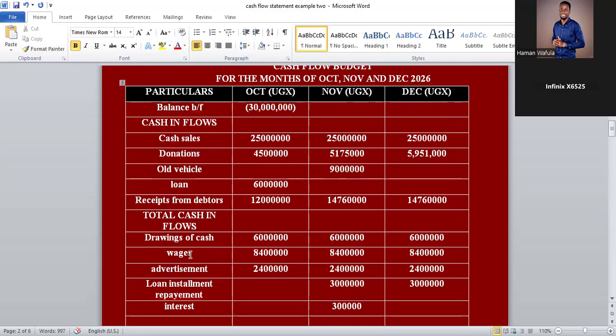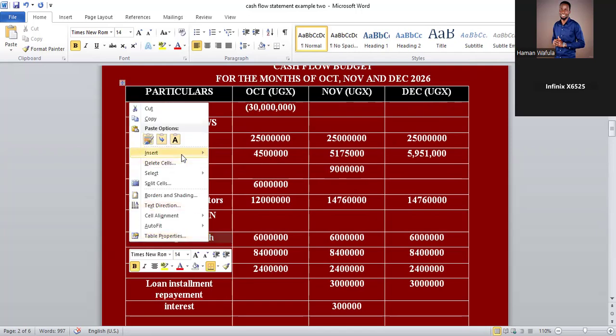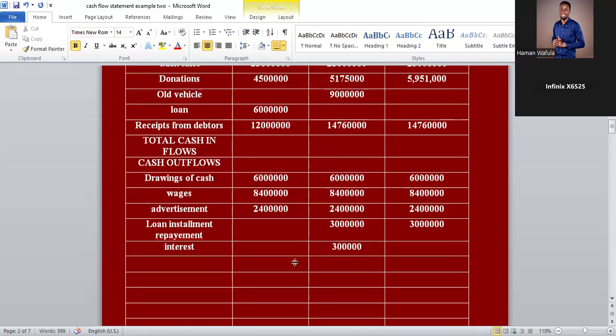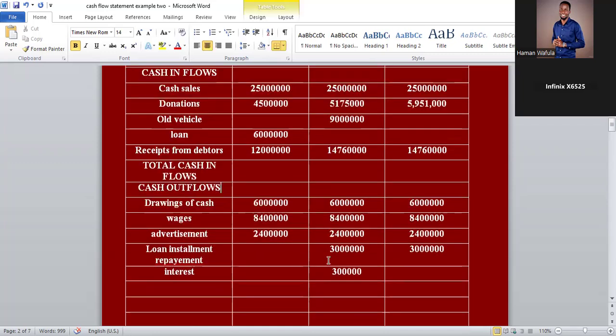Yes, the business borrowed 6 million in October. Then it started paying in November. Nesasulako 3 million mu November, nemalayo 3 million mu December.